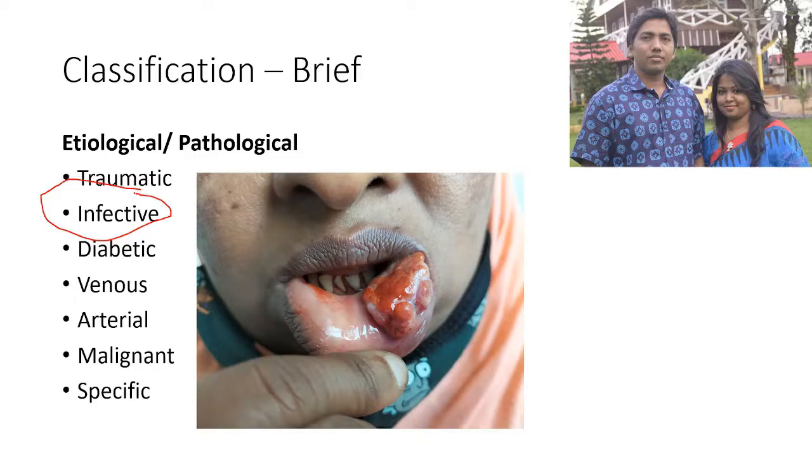The second point is, if you look at the picture under the microscope, we will find a similar picture everywhere. Tuberculosis will produce a tubercle, surrounded by Langhans cells, with caseous necrosis centrally. So those are the points regarding the specific ulcer or specific infection.